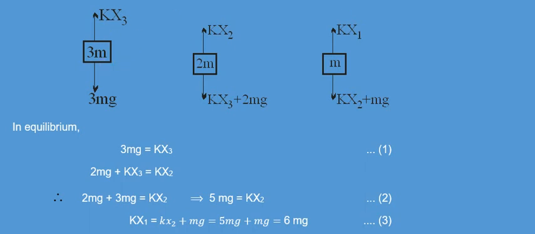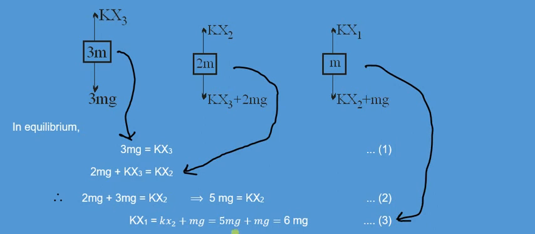For block of mass 3m, the condition is this, and for block of mass 2m, the equilibrium condition is this, and for block of mass m, the equilibrium condition is this.